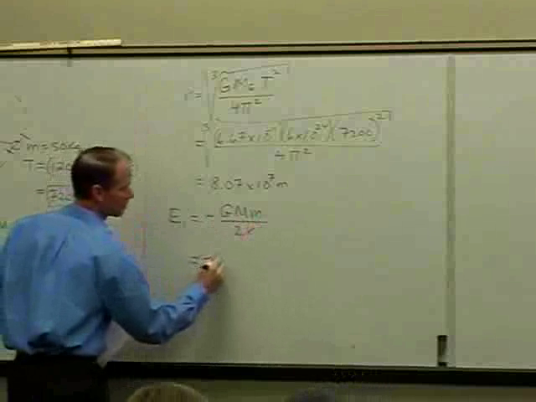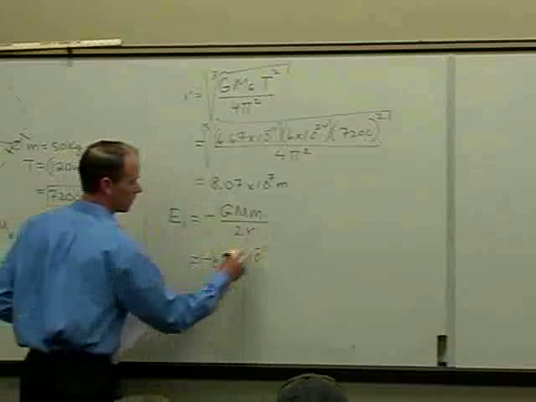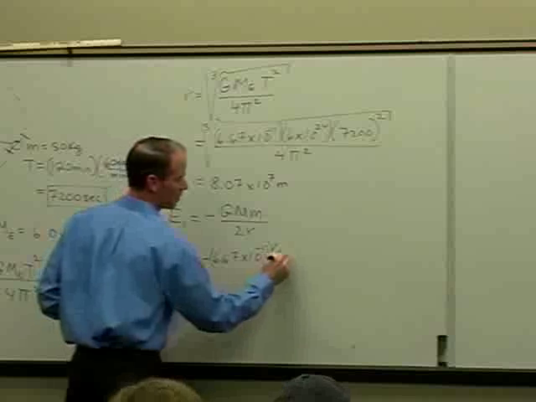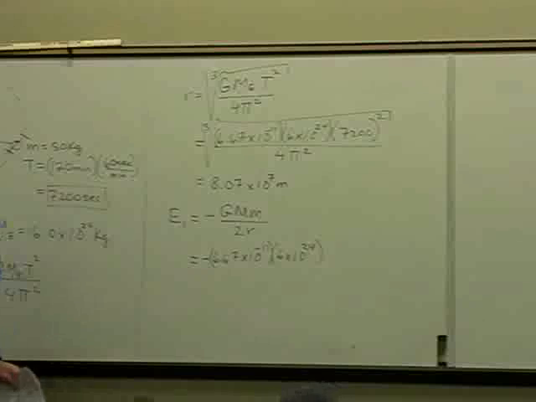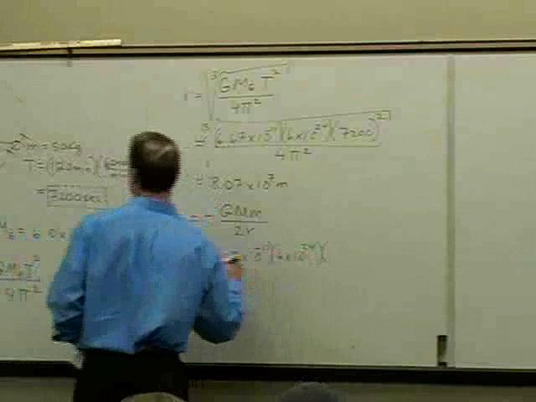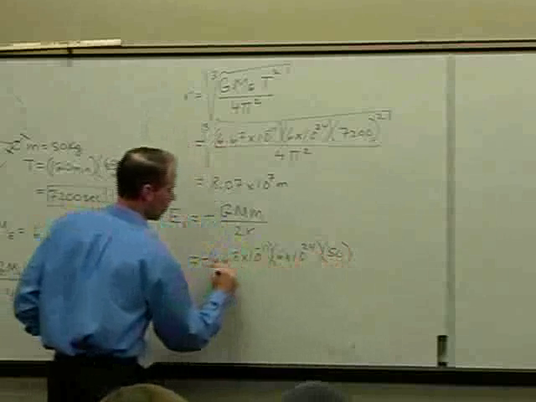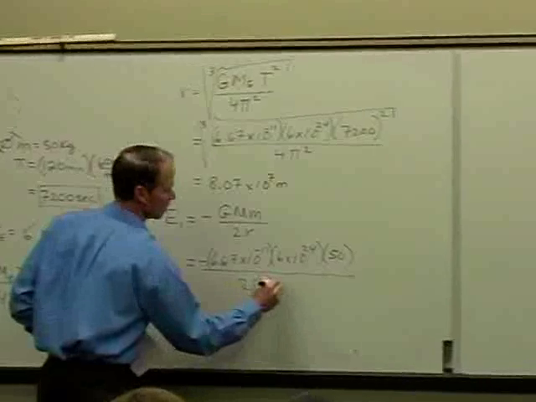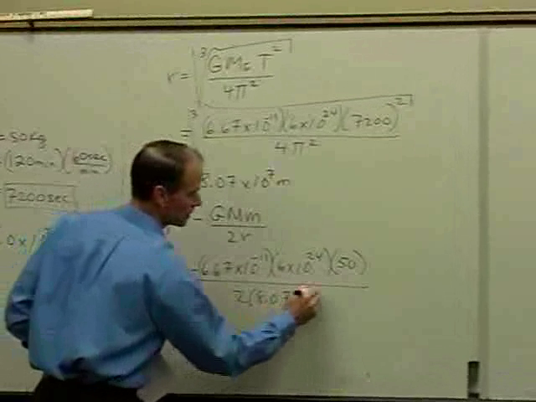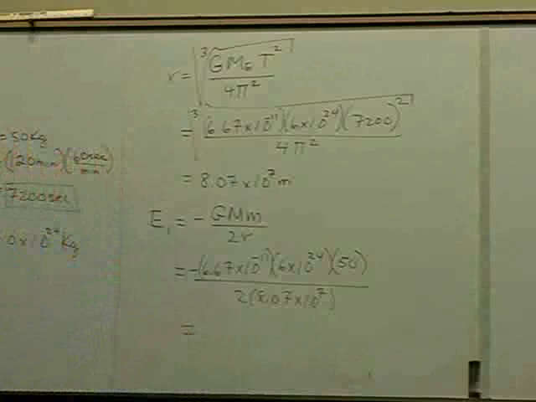That would be a negative 6.67 times 10 to the minus 11 times the mass of Earth, 6 times 10 to the 24 kilograms, times the mass of the satellite, which is 50 kilograms, over 2 times that radius, 8.07 times 10 to the 7 meters. Now that would be the binding energy of this orbit.